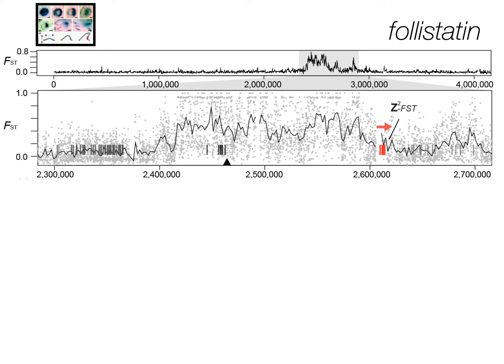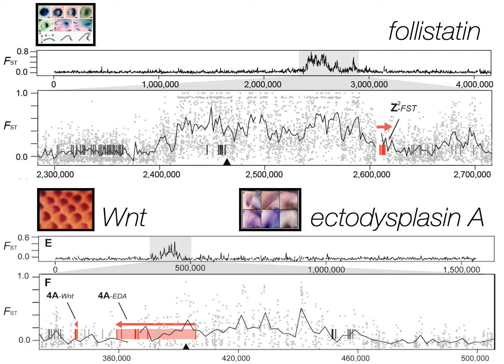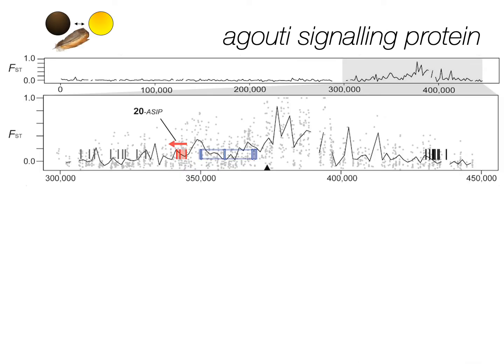And you can see that the divergent region for follistatin falls directly upstream of the gene, potentially in the promoter or enhancers for that gene. Similarly, the divergent regions for EDA and WNT fall directly upstream of the genes, again, potentially in regions where you would find promoters or enhancers. The same is true for agouti signaling protein, and here we've mapped where the chicken promoters would fall in the warbler genome, right within this divergent region upstream of the gene.